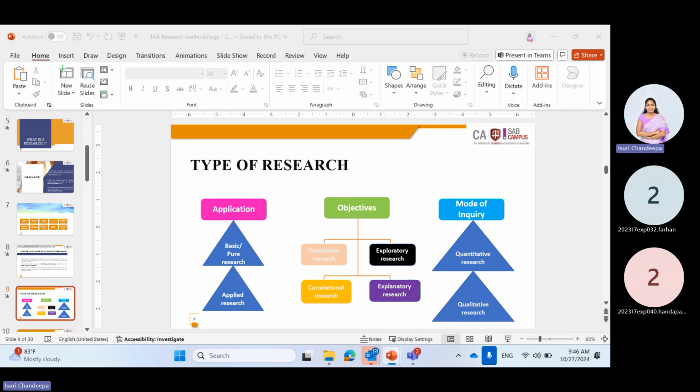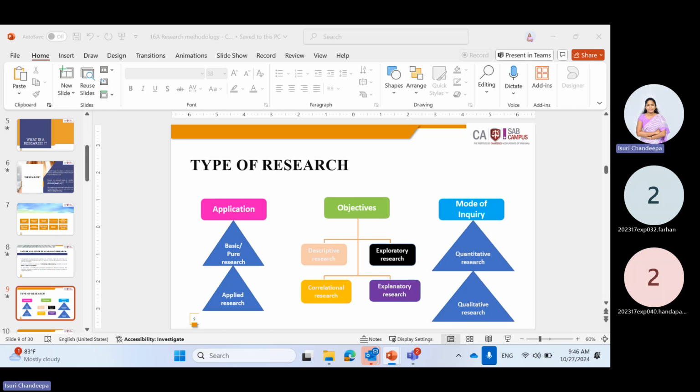Mode of inquiry, right? Based on inquiry. So there are two types of research. What are those two types? Quantitative versus qualitative. Quantitative and the qualitative research.